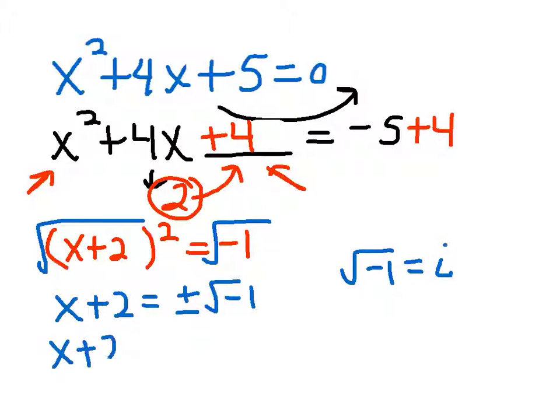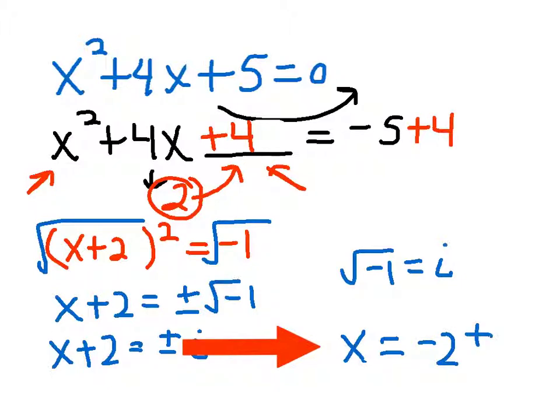So this becomes x plus 2 equals plus or minus i. And then your very, very last step to finish this problem is that we're going to go ahead and take that and bring that 2 over. So let's try that again, and put x equals negative 2 plus or minus i. And you are done.